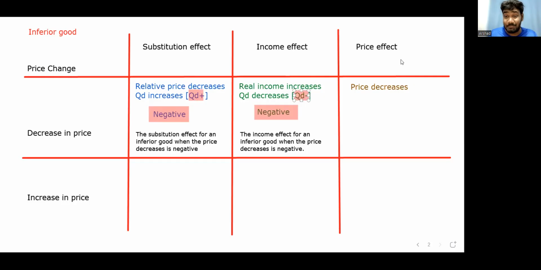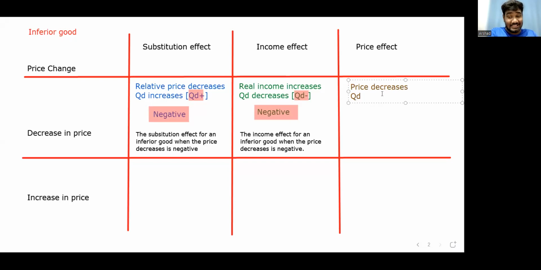Price effect is a combination of substitution and income effect. What do you think happens to the quantity? Does it increase? Does it decrease? Does it remain the same? When the price decreases, it's a combination of this and this. What happens?